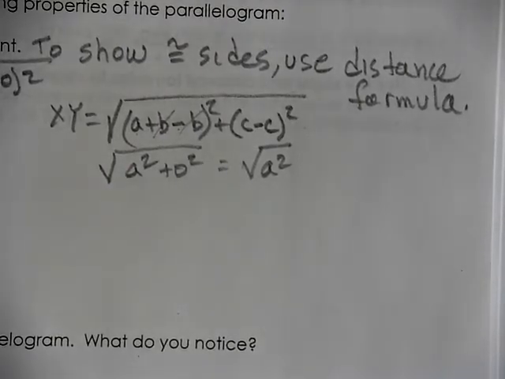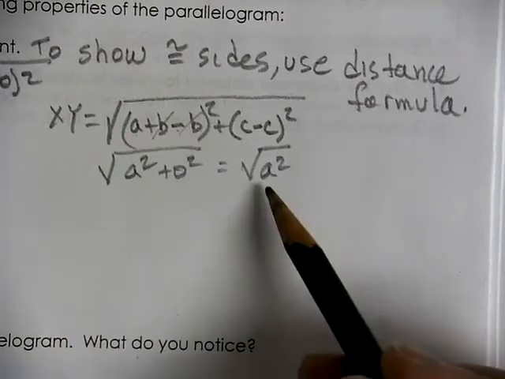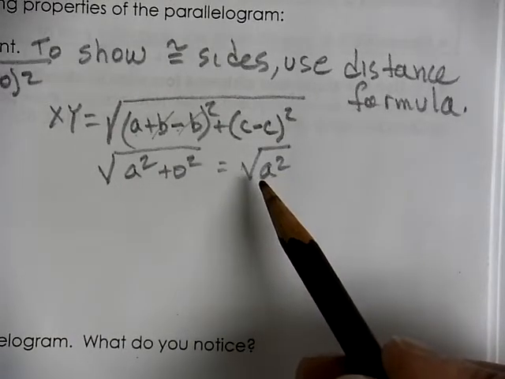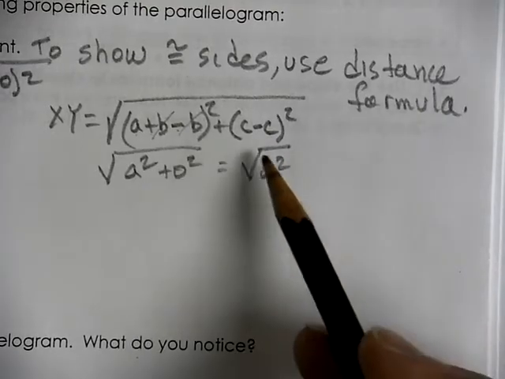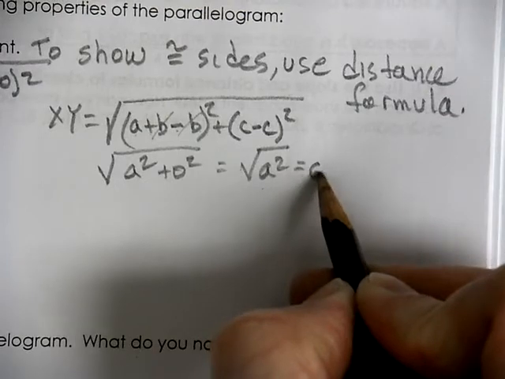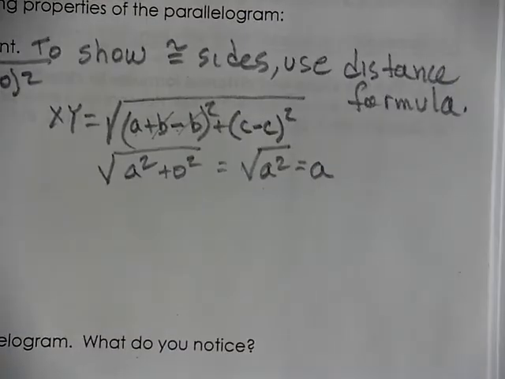The square root of something squared is that value. So think about it as the square root of 3 squared. It's just 3. So the square root of a squared is just a.